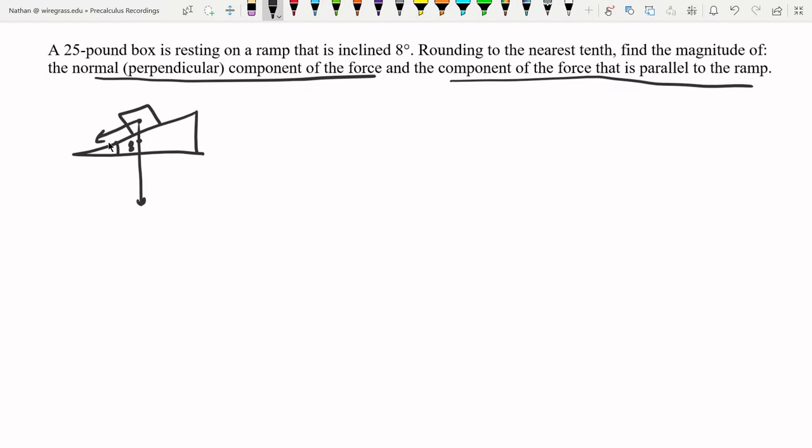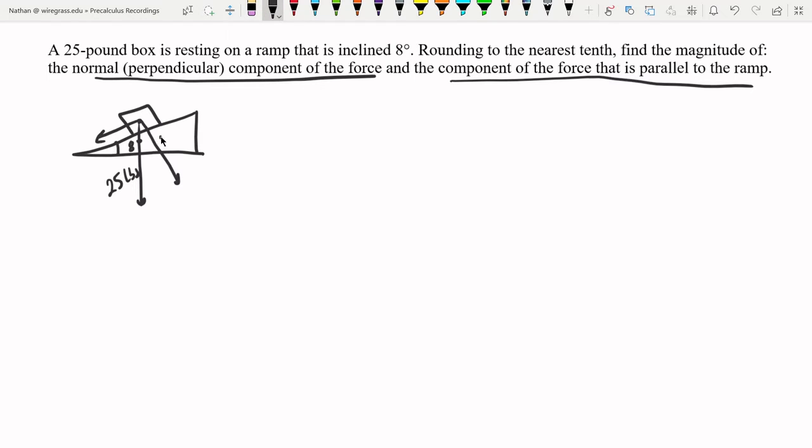So what we want to do is find these two things. We know this 25 pounds going down. And this is the perpendicular component because it's going perpendicular to the ramp. And this component here is parallel to the ramp. So these are the two portions that we're trying to find.